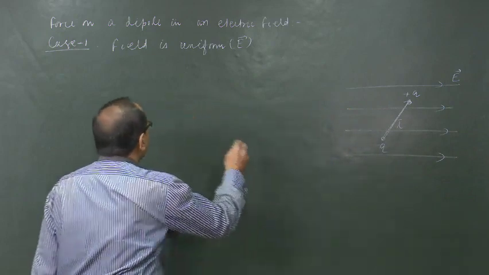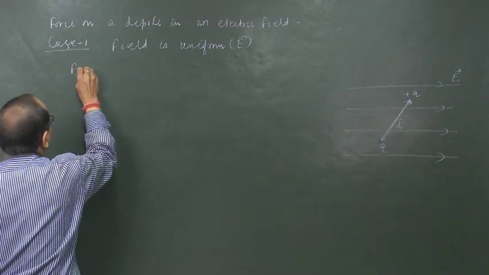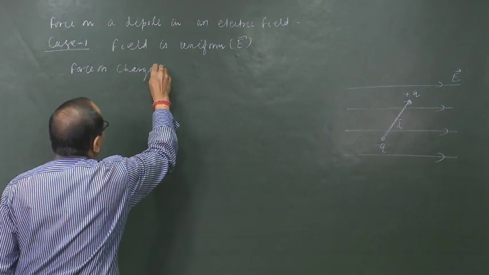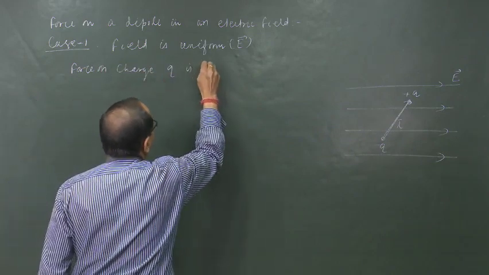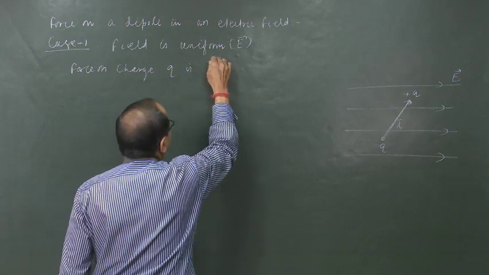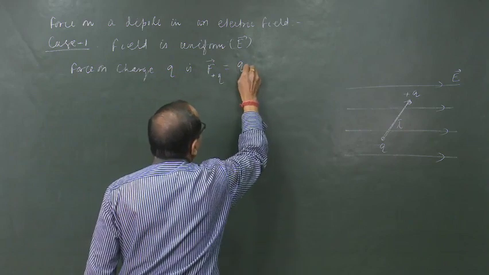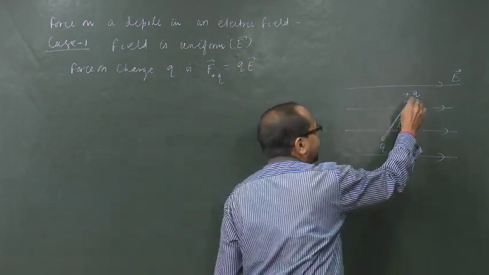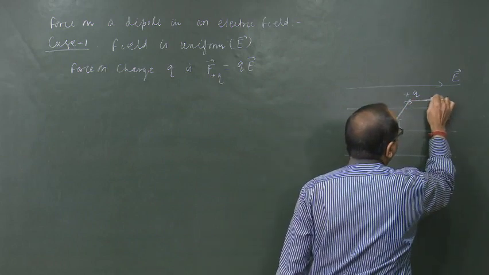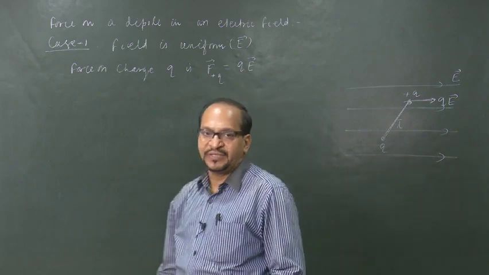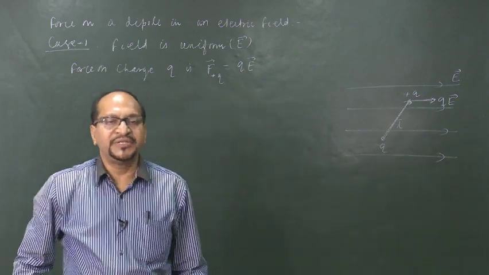So, the force on charge plus q is F plus q is equal to q into E. Positive charge experiences a force in the direction of the field, and that is equal to q into E. This is from the definition of field, that force per unit charge is field.